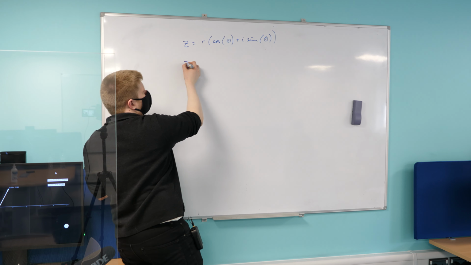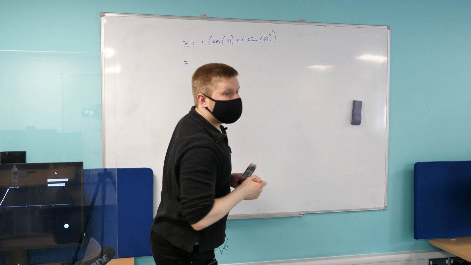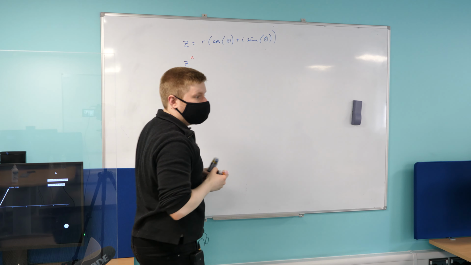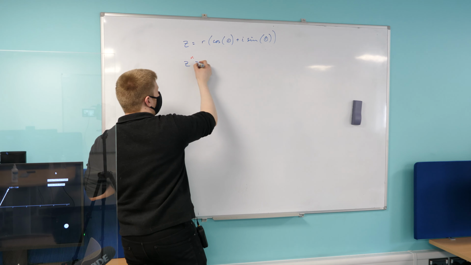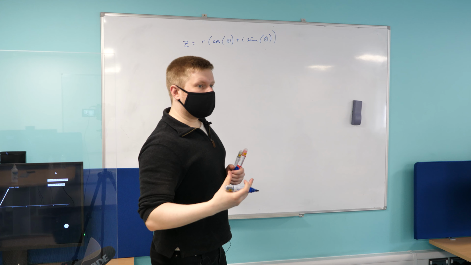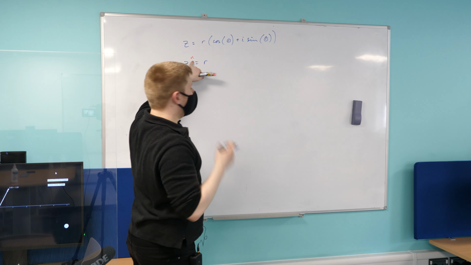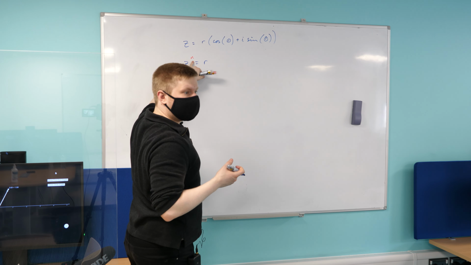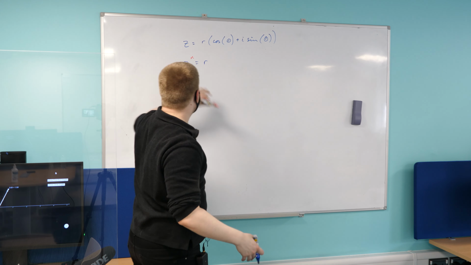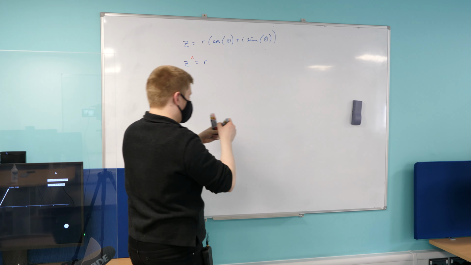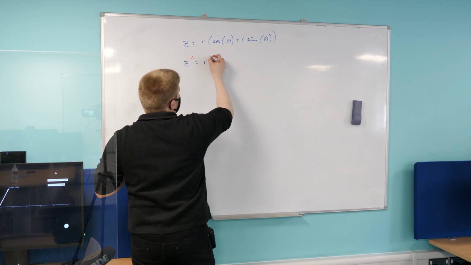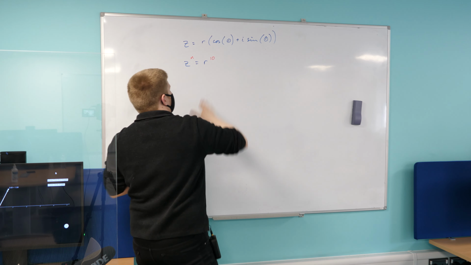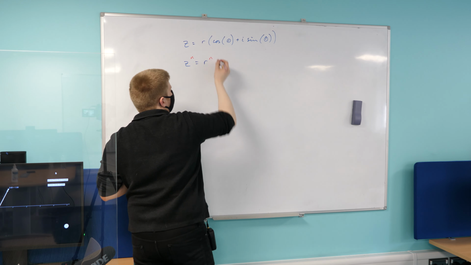So if I take this complex number and I want to raise it to the power of n, my modulus gets stretched by however many times I'm raising it to the power. So if it's 3, I multiply by itself 3 times. If it's 10, I multiply by itself 10 times, etc. So this is going to be r to the n. Yeah?